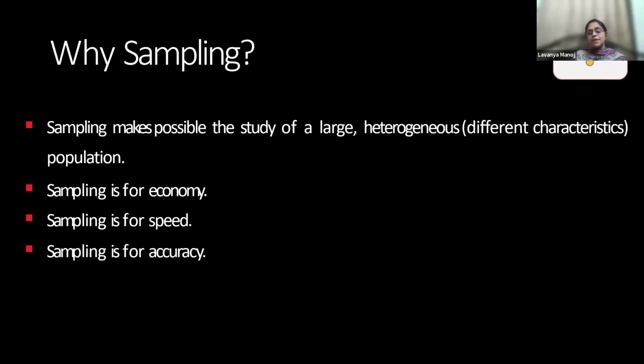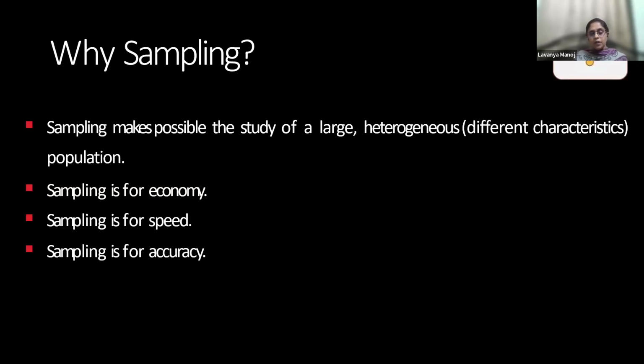So why is sampling necessary? Obviously, it's a large, extensive process to study each and every individual in a community or in an institution or, say, in the society or in a city or town, for any reason.